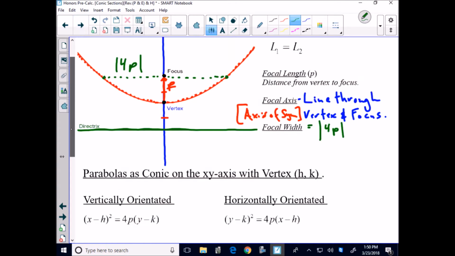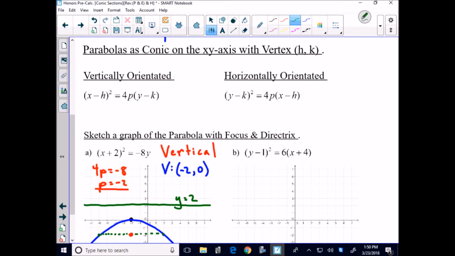We said that a parabola as a conic section on the xy axis with vertex (h, k) can be defined vertically with the equation (x - h)^2 = 4p(y - k), right? And horizontally as (y - k)^2 = 4p(x - h).